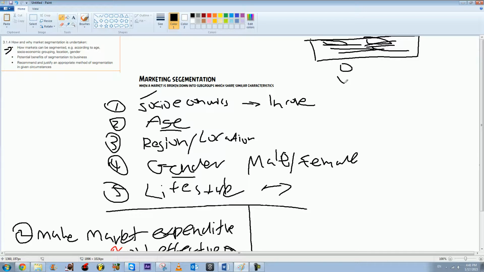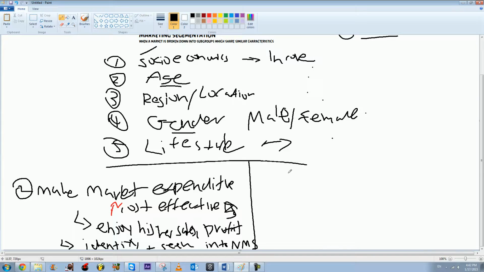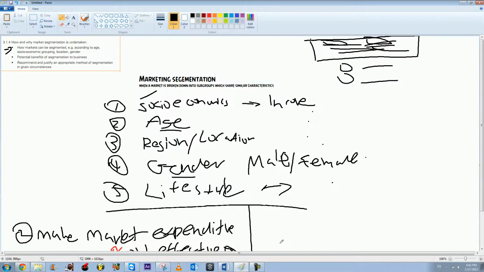In the first two questions, they might say, identify two other marketing segmentations, and you could name any one of these. Maybe in a six marker, they would say, why segment into this rather than this? You just have to use your common sense and think like you're in that point of view. So think like you're that person.